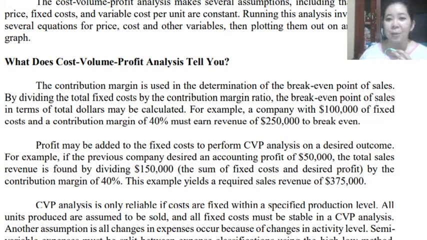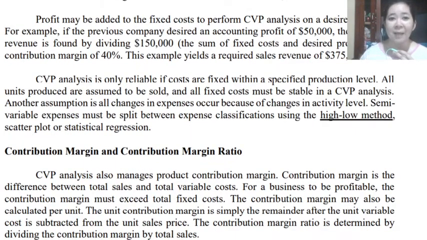If they reach a level of revenue below 375,000, their profit will also be lower than 50,000.